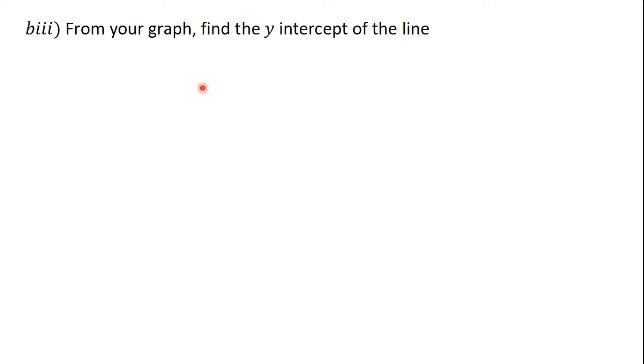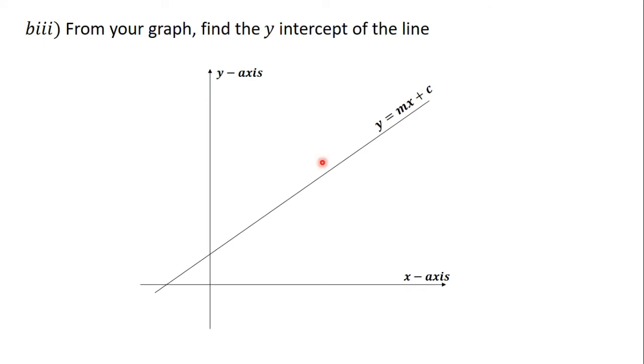In the videos on finding the y-intercept of a straight line, we learned that if we draw a straight line on a graph sheet as we have here, we have the x-axis and the y-axis. The y-intercept of the straight line is the point on the y-axis where the line cuts the y-axis.